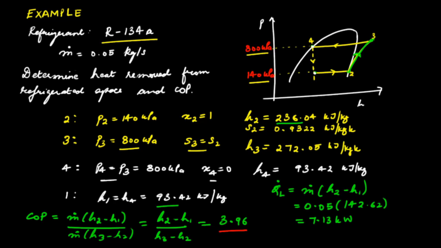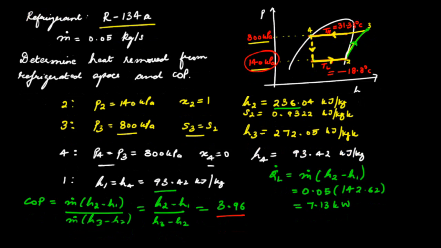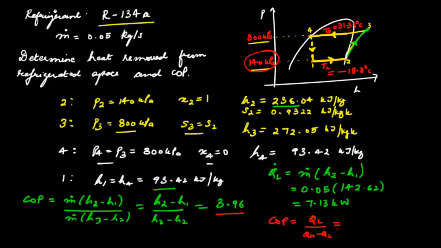The COP of a Carnot cycle, if these temperatures are TH and TL, recall that the COP is given by QL over the work input, that is QH minus QL, and for a Carnot cycle we have QH over TH is equal to QL over TL, that is the entropy that is gained during the process 1 to 2 is dumped during the heat rejection process for a Carnot cycle to go back to its original state.